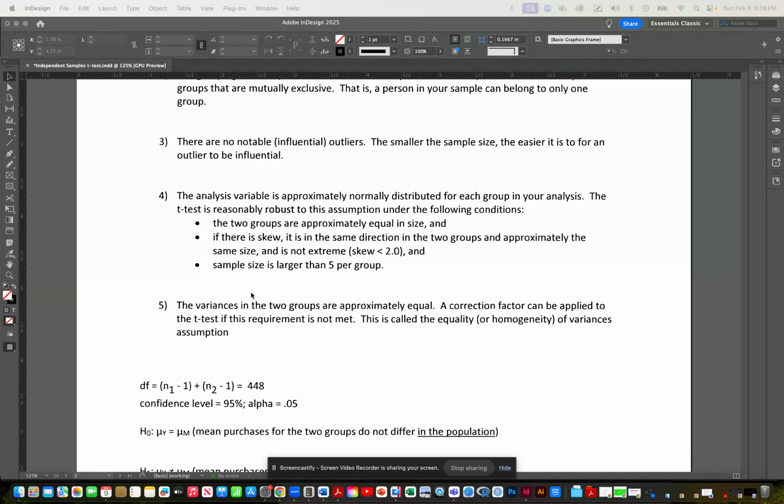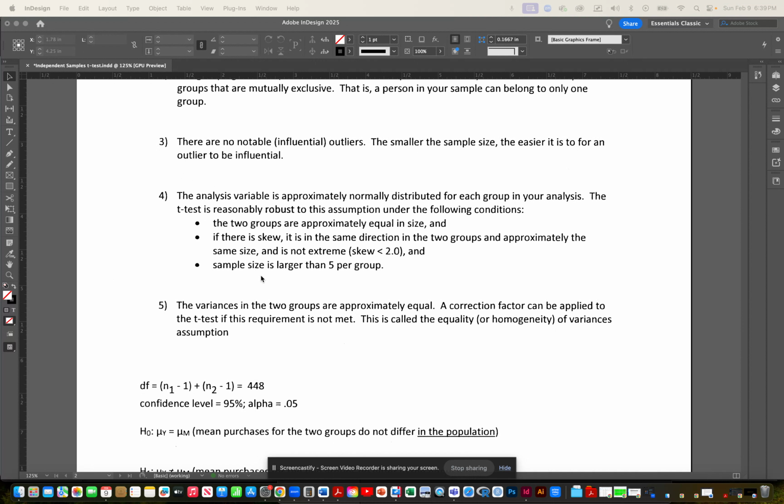And oh, that reminds me, if for whatever reason number 4 is not met, then there are things we can do, but that's more for advanced statistics, which we're not going to do in this class. And really what that means is that in this learning environment, the examples I'm going to give you or the exercises that you'll work with, these assumptions will be met.